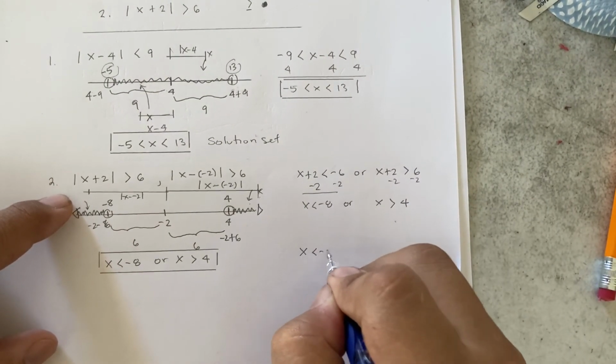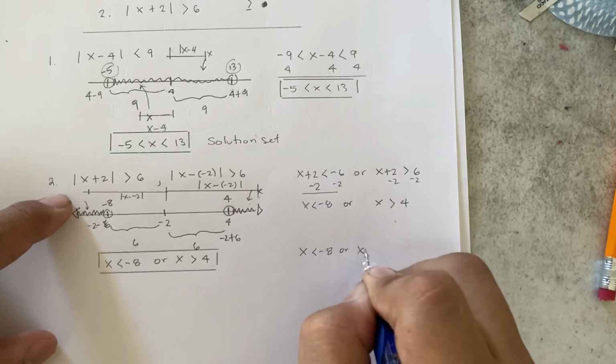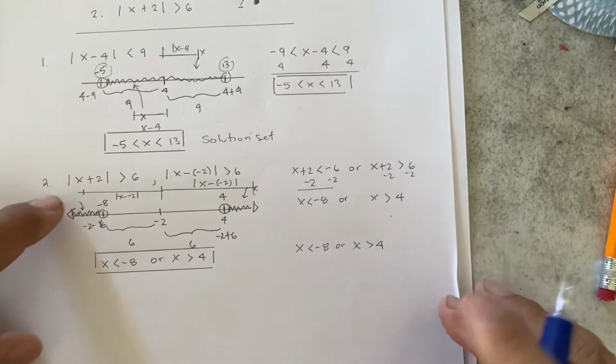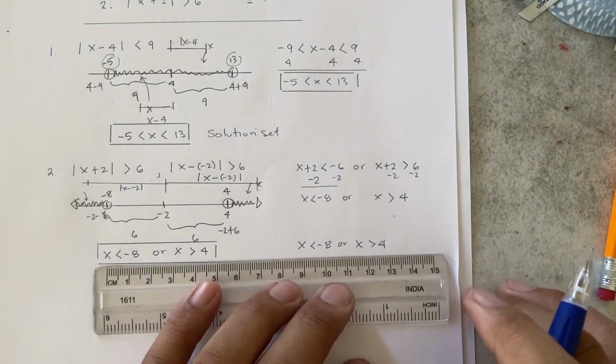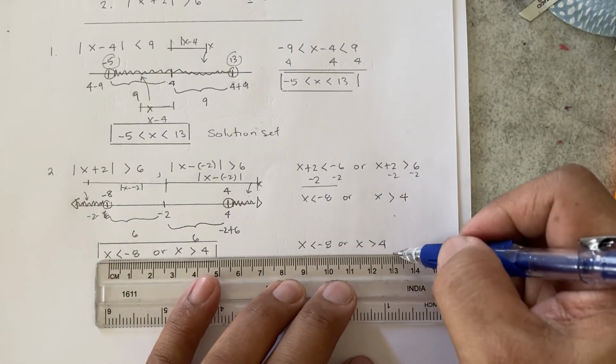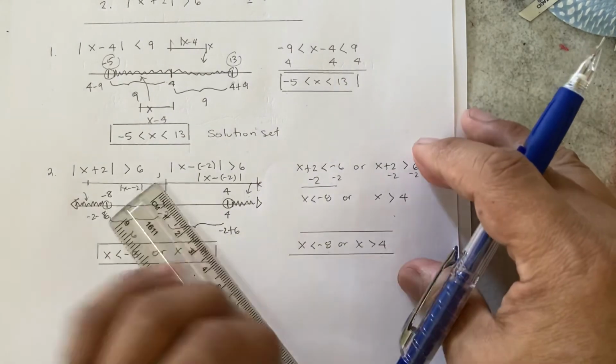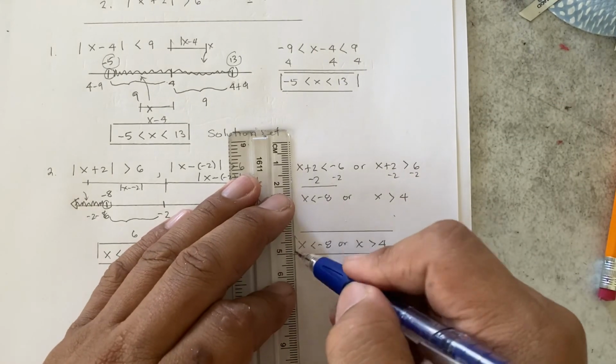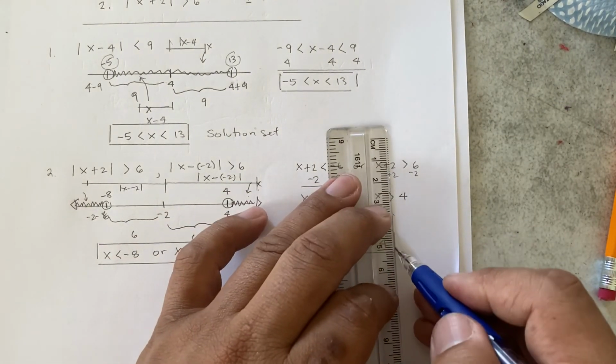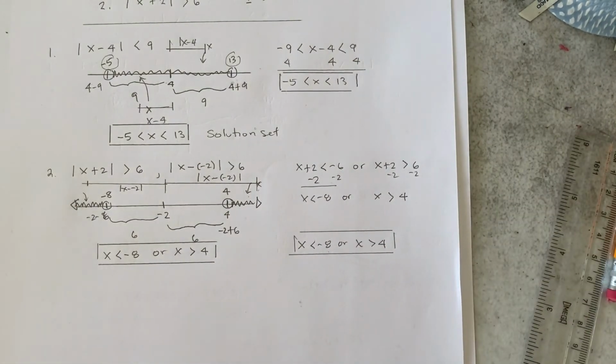X less than negative 8 or x greater than 4. And there you have it. So it's probably easier to graph the solution set by the description of absolute value. Absolute value is always distance. Describe the distance from x to a number that way, then verify it with the algebra.